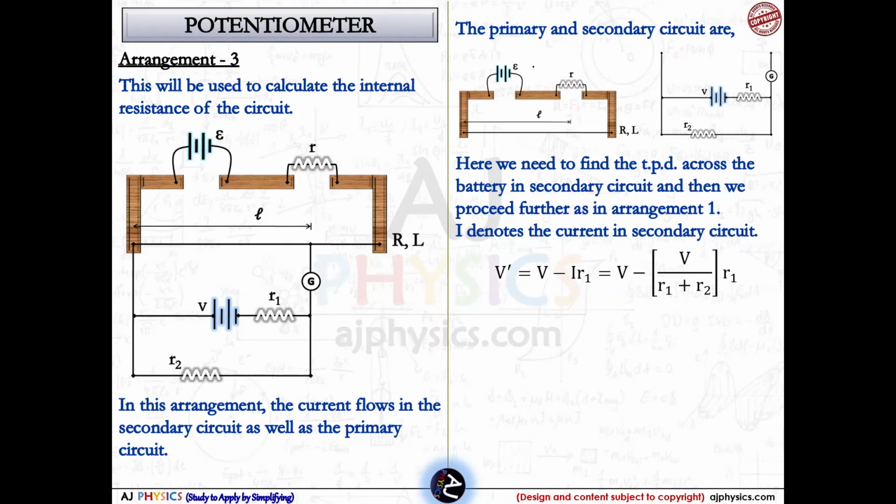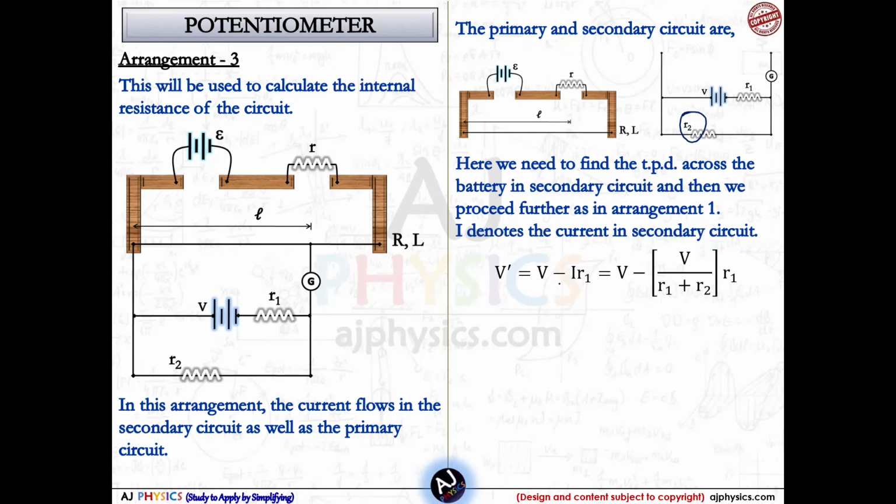So what I've done is I've broken up the potentiometer into two circuits, that is primary and the secondary. So we have to measure the voltage across this resistance R2. Simply that I can do because the current of this secondary circuit will not interfere with the current of the primary circuit. Okay, and you can use the formula of terminal potential difference, or basically you can just calculate the current and you can calculate the voltage across this resistance R2.